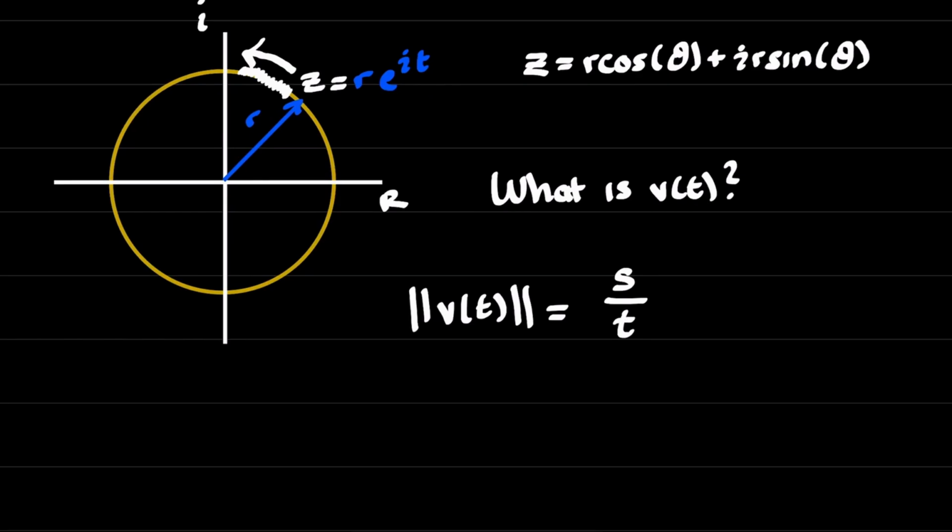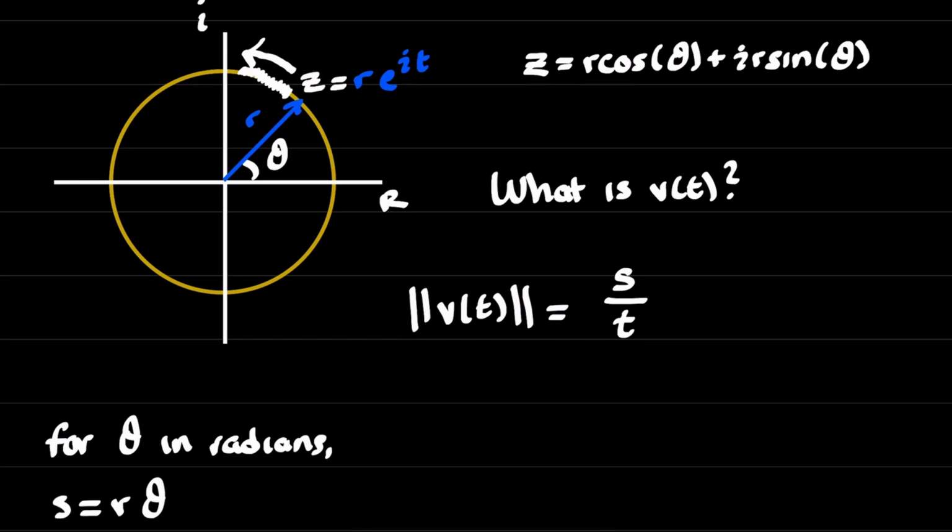Now remember, we need to connect t with this angle theta that I just drew. If theta is in radians, then by the definition of a radian, the arc length we sweep is equal to the radius multiplied by theta. Theta tells us how many radii fit onto the arc, and multiplying by r makes that number into a distance. We can substitute this expression in for s, and we are almost done.